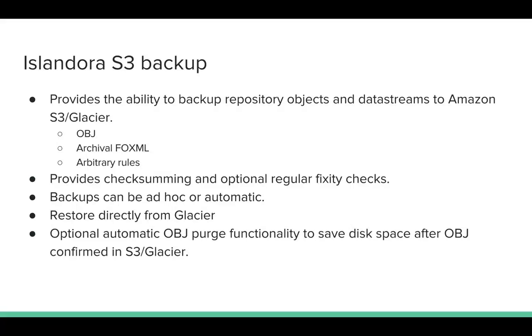So you would already have your derivatives generated, the OBJ is backed up, it's been checksummed, and then it can be purged. Completely optional. Some people like doing it, some people do not. It just depends on how many copies of the object you want.